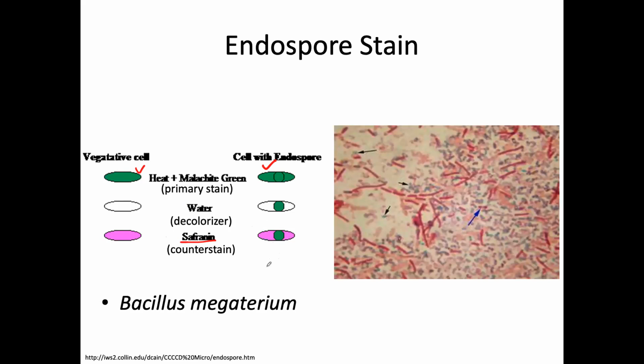So this is endospore positive. This is endospore negative. And so you can see if you look at the arrows, they're indicating cells that have endospores in them. And then there's plenty of cells in there that don't. An example of a spore former is Bacillus megaterium, but there are others, many others.